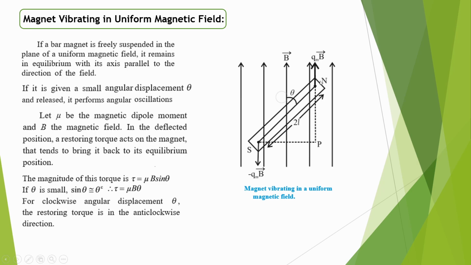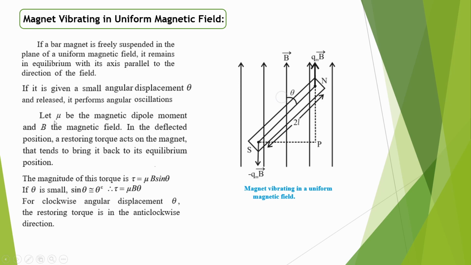Then it performs angular oscillations. Why? Because the tendency of the magnet is to make its axis parallel to the direction of the magnetic field, and when we give a small angular displacement theta to it, the magnet tends to make its axis again parallel to the field. Due to that, it takes a curved path, and those oscillations are called angular oscillations. So the magnet can perform angular oscillations.